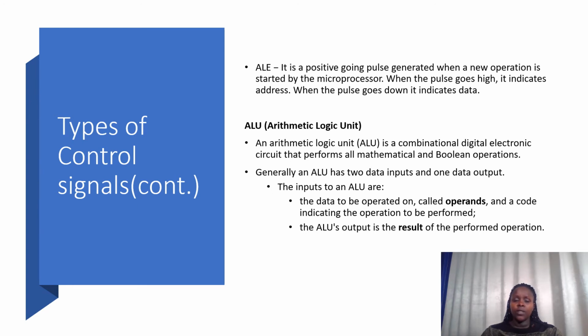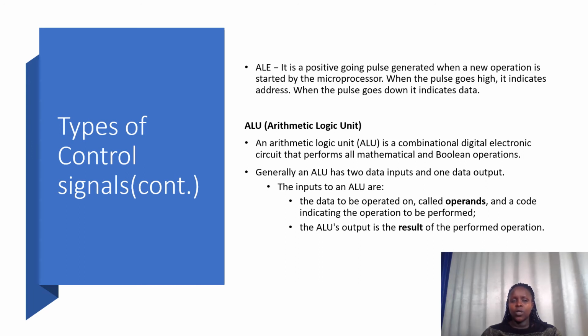Generally, an arithmetic logic unit has two inputs and one output. The inputs to an ALU are the data to be operated on, called operands, and a code indicating the operation to be performed.